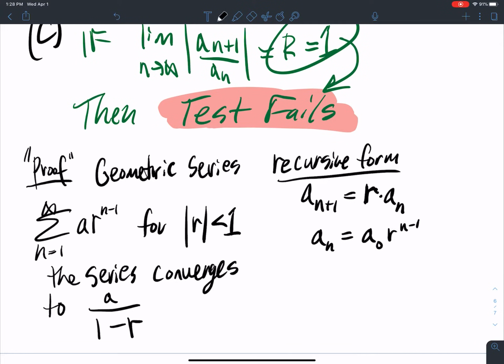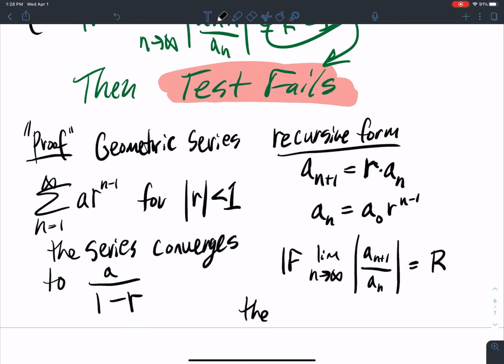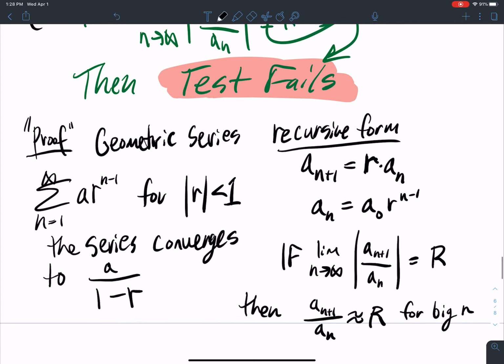All right. Now, if the limit as n goes to infinity of a n plus 1 over a n equals r, then what does that tell me? That means a n plus 1 over a n is roughly equal to r for big n, okay?